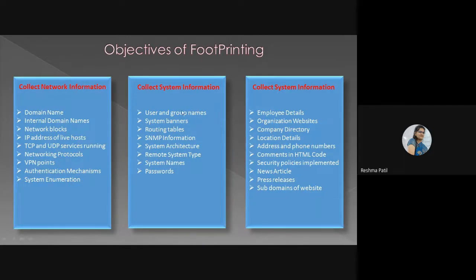Under system information: user and group names, system banners, routing table, SNMP information, system architecture, remote system type, system name, password. All this information we can get under footprinting, plus employee details, organization website, and company directory. Such information we have to fetch today.